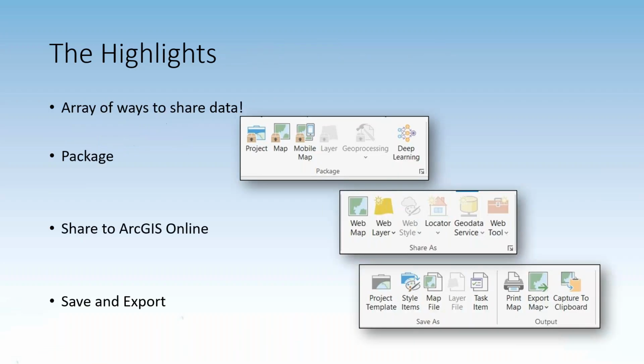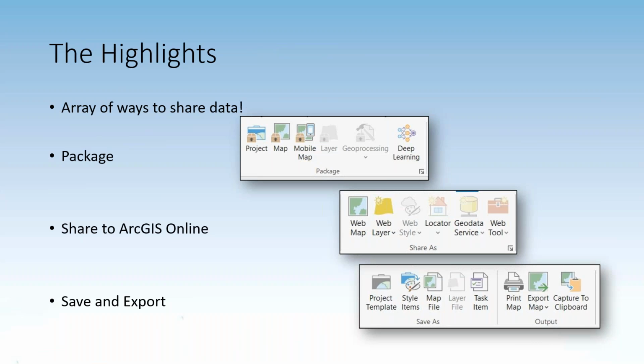The big highlight, as I mentioned, is that we are increasing the ways that we can share our data. The first one that I will touch on is the packages. You can do the whole project, just your map frame, or you can export it as a mobile map.